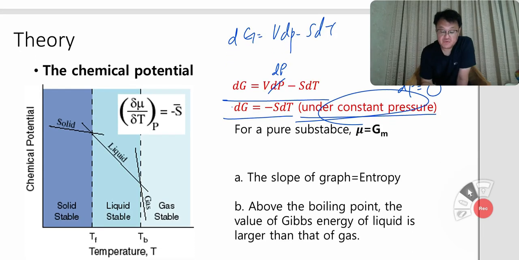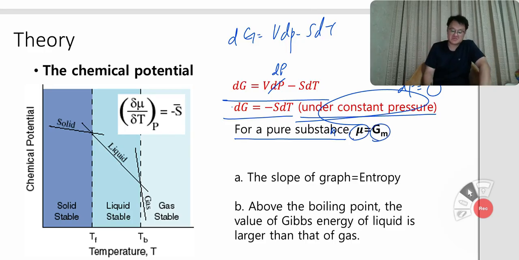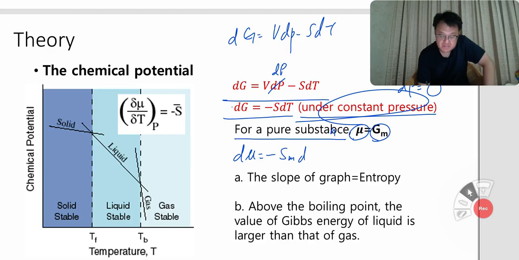So then for a pure substance, which is a one component system, you can just think that chemical potential is simply molar Gibbs free energy, right? So then simply one can say that d mu would be minus Sm dT, right?